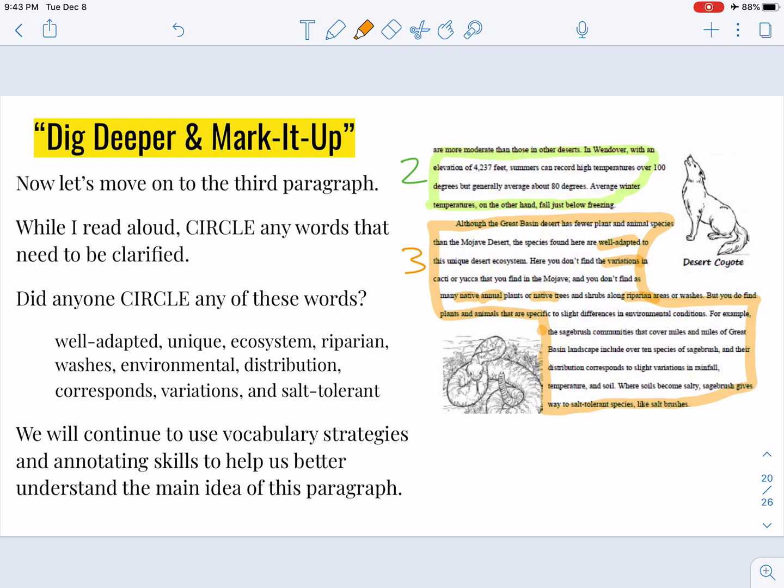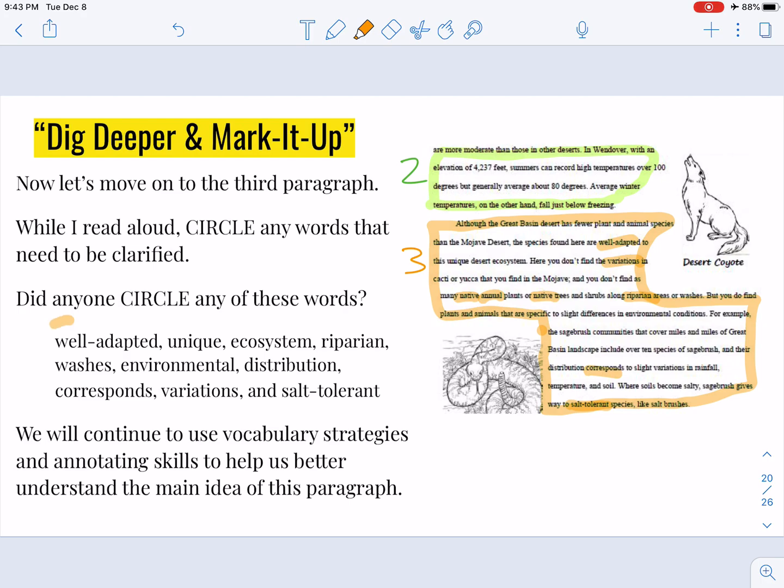But you do find plants and animals that are specific to slight differences in environmental conditions. For example, the sagebrush communities that cover miles and miles of Great Basin landscape include over 10 species of sagebrush, and their distribution corresponds to slight variations in rainfall, temperature, and soil. Where soils become salty, sagebrush gives way to salt-tolerant species like saltbrush.